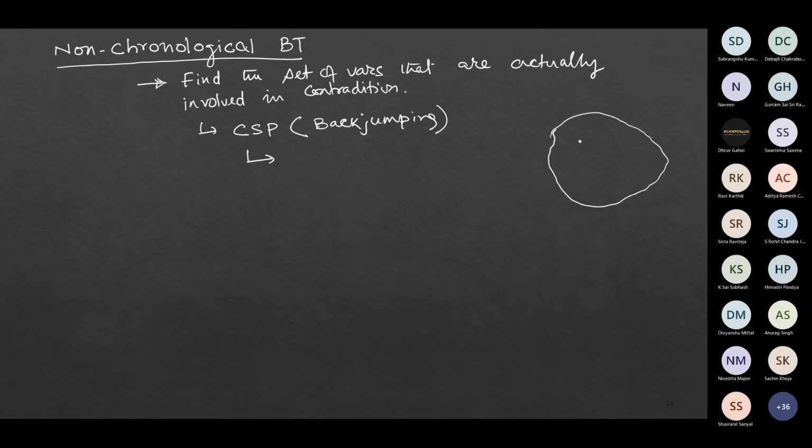And it might be the case that you get into a portion of the search space that does not contain a solution. And through some assignments, you are ending up in this region.